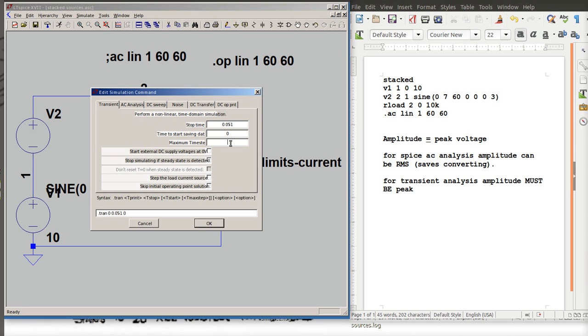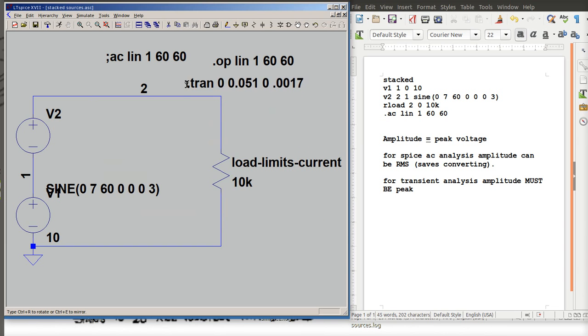This is not a true analog calculation, it's a digital one, so it basically takes a calculation at a moment in time and puts it together and makes a graph for you. So we need about 10 data points per cycle. If I do 10 data points in a cycle that is 0.017, then my time per step needs to have an extra 0, or 0.0017, which is pretty straightforward. And then I can click OK, and now I have a tran analysis.